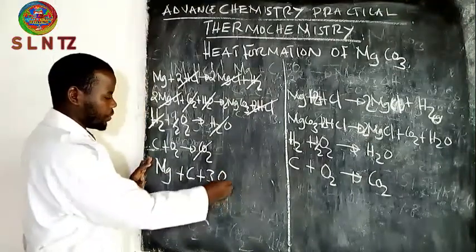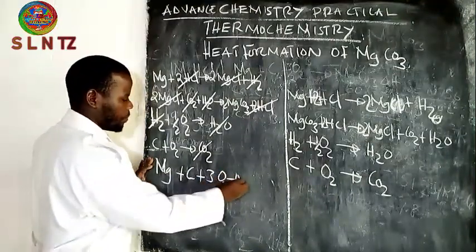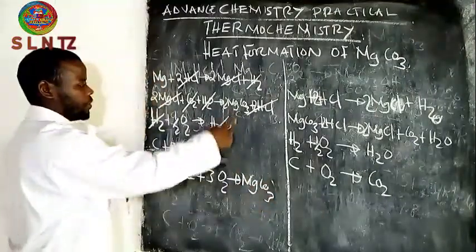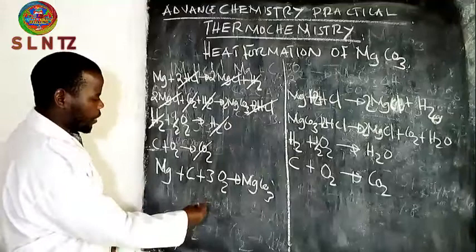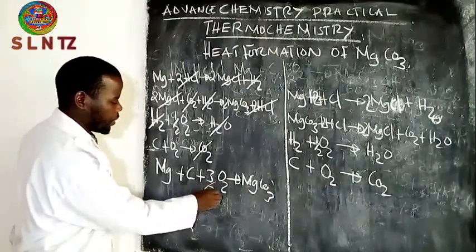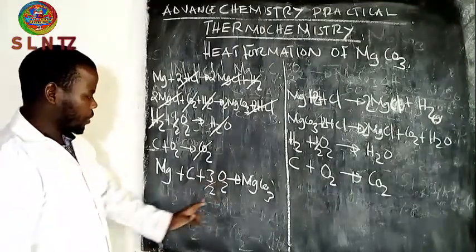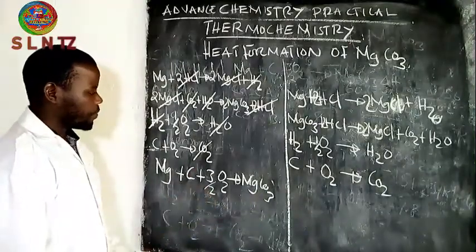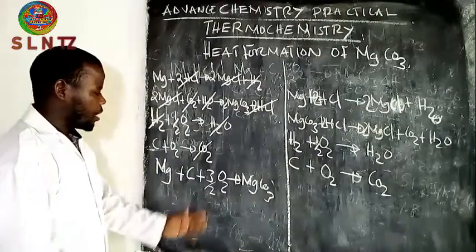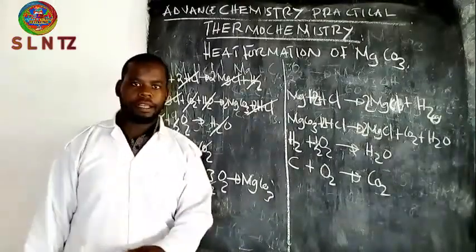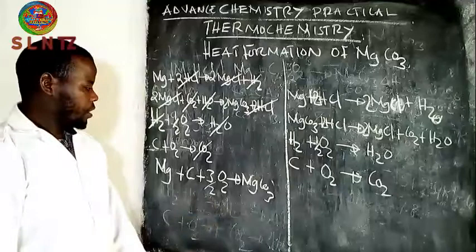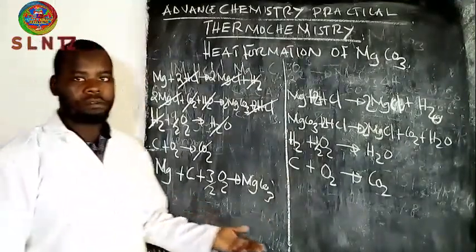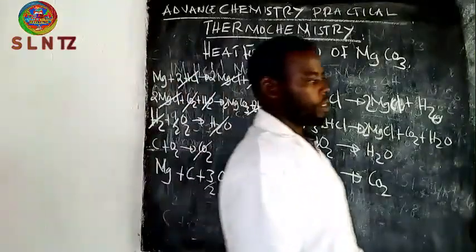So in order to balance, magnesium carbonate is this one. And then in order to balance we put here 2. It means carbon is 3 and here will be 3. Oxygen is 3 and here will be 3. Those are balanced. So we reach the formation of magnesium carbonate.